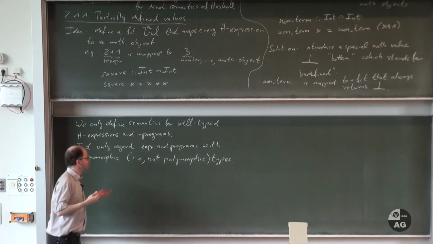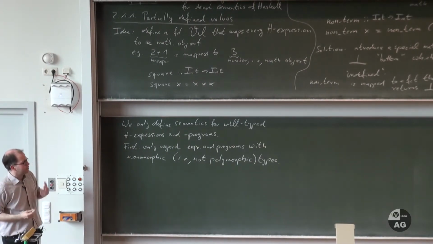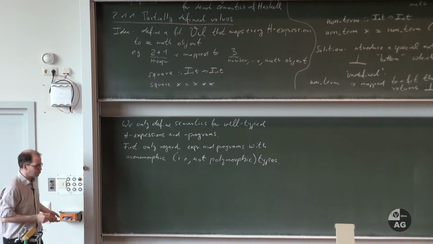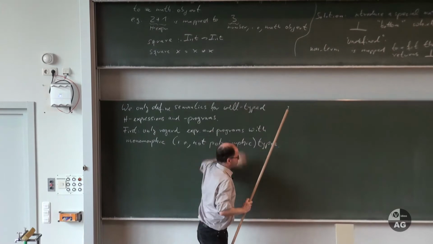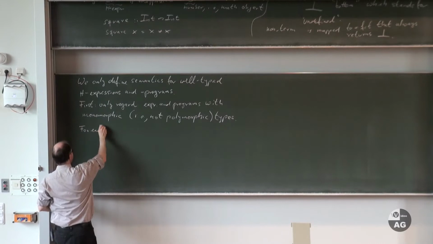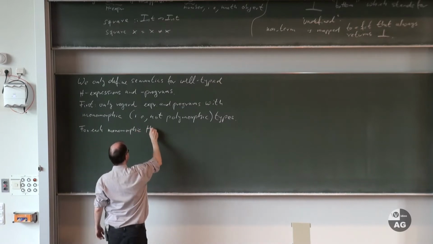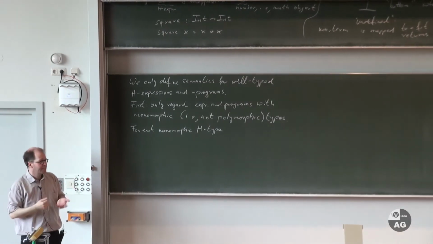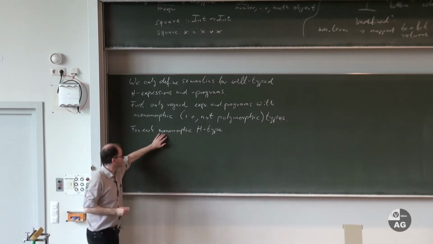So let's regard one type after the other, and let's see for each Haskell type what are the mathematical objects that we will map Haskell expressions of this type to. So let's try to solve the following problem. For each monomorphic Haskell type, we will now define a set of mathematical objects that represent the values that we can map expressions of this type to.